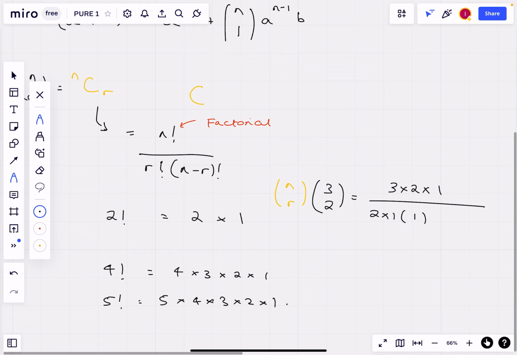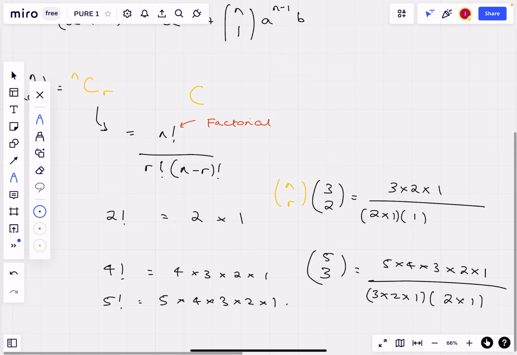Yeah? Okay. Let's say if I had 5, 3. This would be 5 times 4 times 3 times 2 times 1, which is my n factorial, over my r factorial, 3 times 2 times 1, and then multiplied by n minus r, which is 2, factorial, 2 times 1.